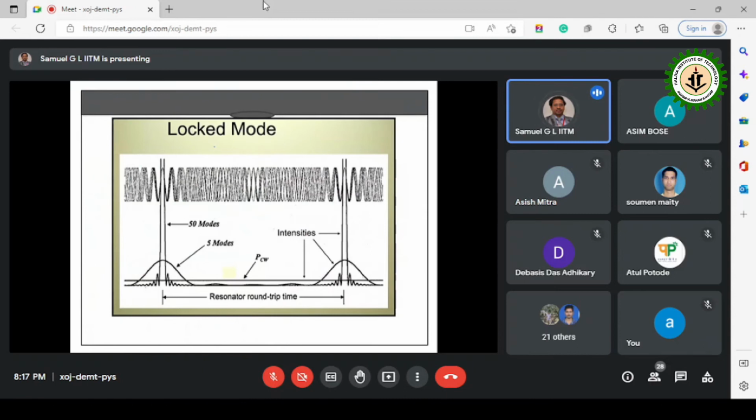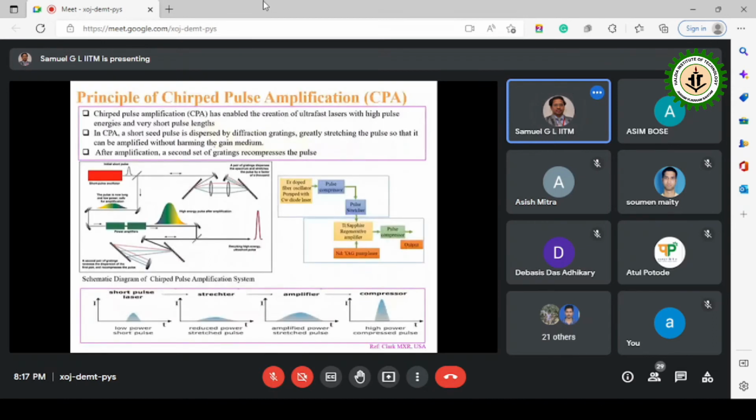That is, both destructive and constructive interference will be taking place. The result is that we get high pulses during a particular period, then no pulse, then again a high pulse. That depends on the phase difference which we give. This is one such method.